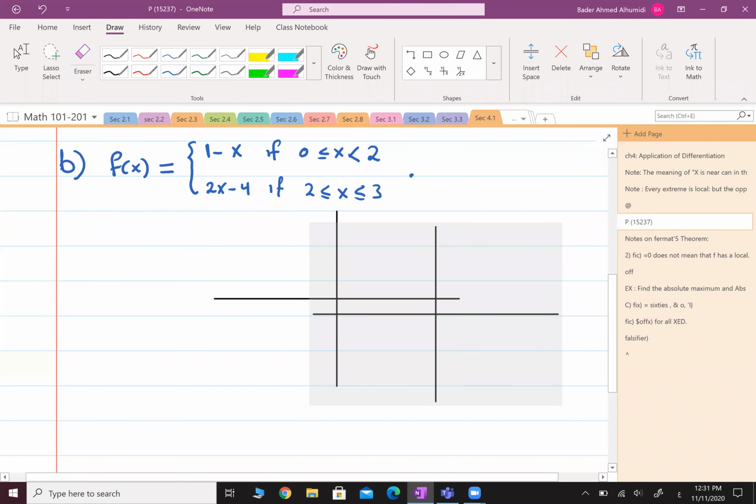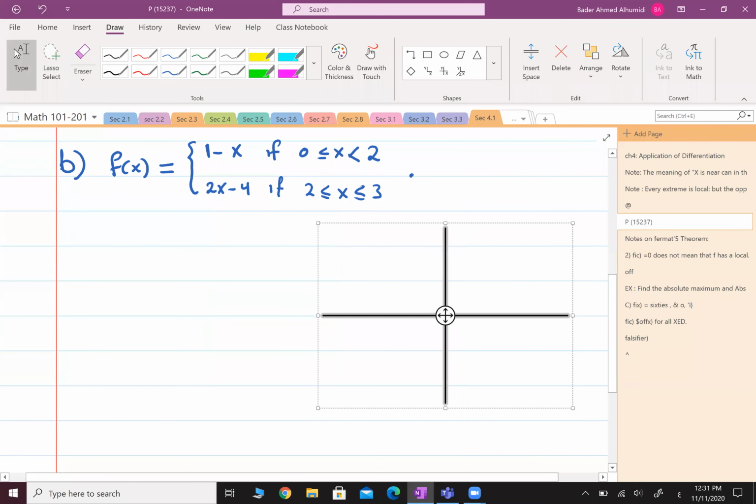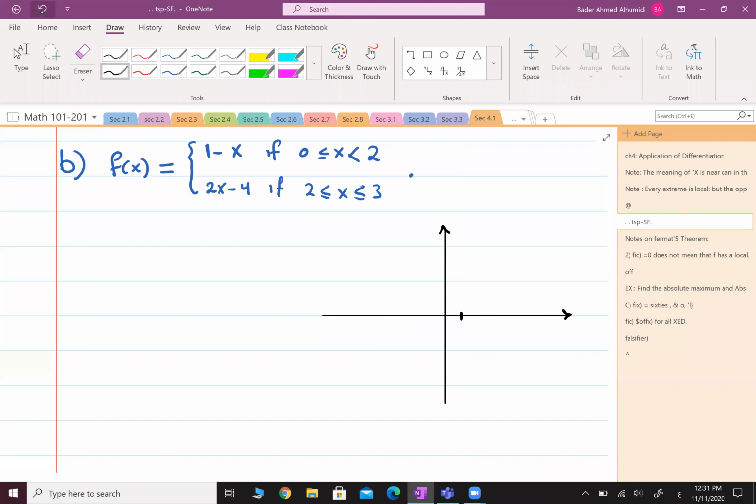We need to graph this function and then find the local and extreme values. We go between 0 and 2. This is 1 and this is 2, let us say. Let me make it a little bit larger because I have enough space. So sorry for this. Let us assume this is 1, this is 2, and this is 3.